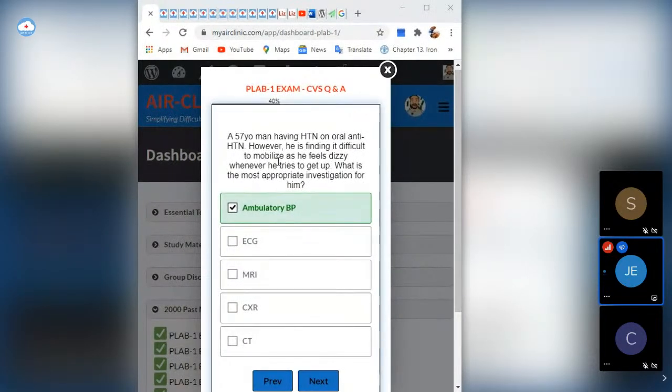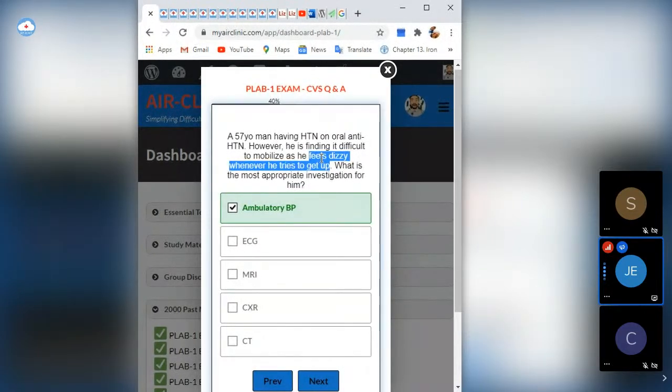Every question has a tip, something that implies the answer. Here, first, the patient is hypertensive, but what implies the answer is that he feels dizzy when he tries to get up. This statement is also known as postural hypotension, or postural dizziness.